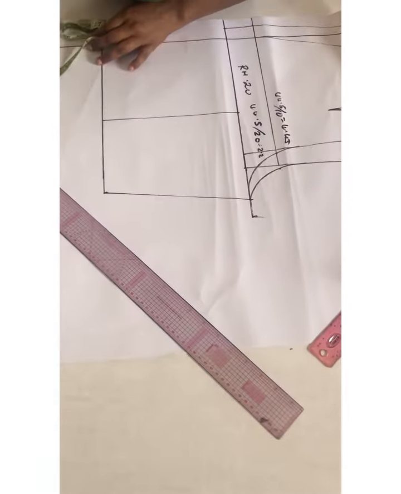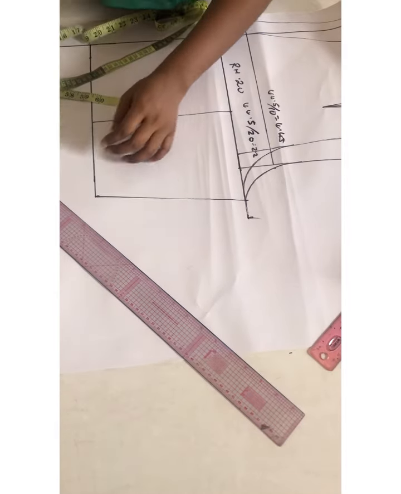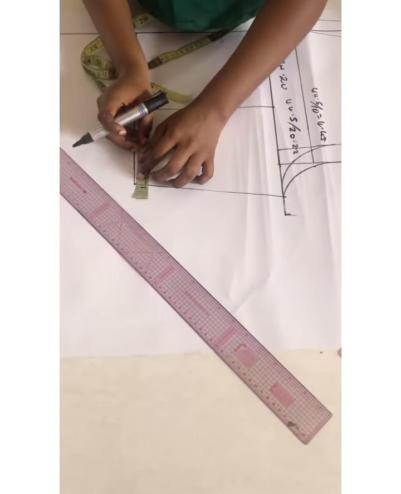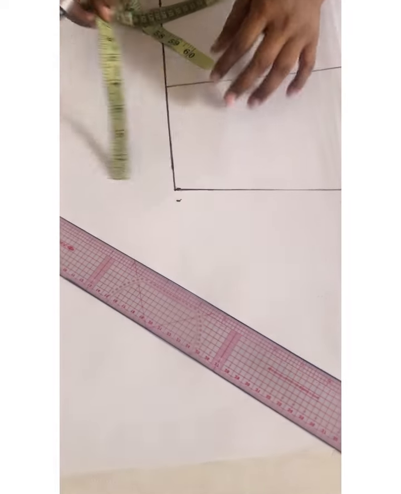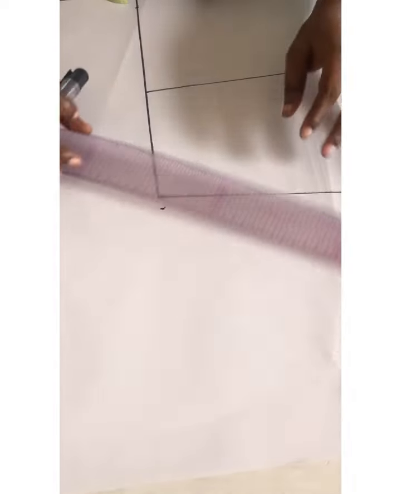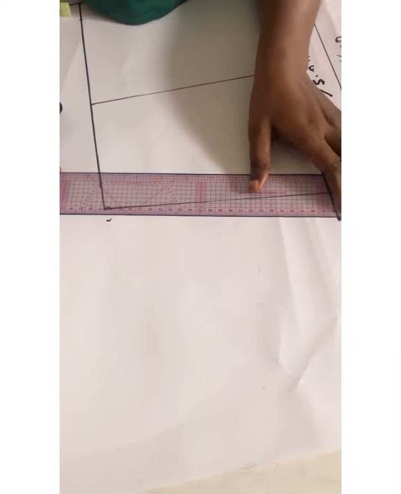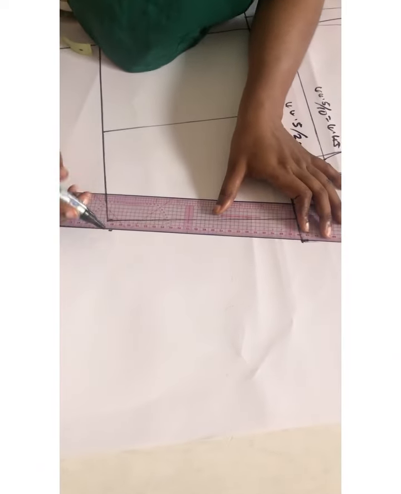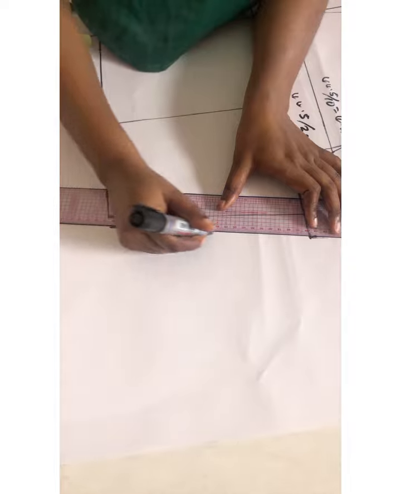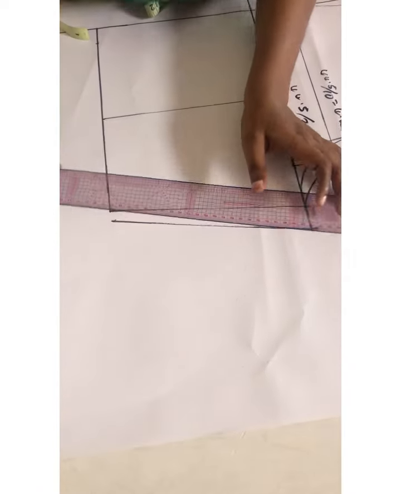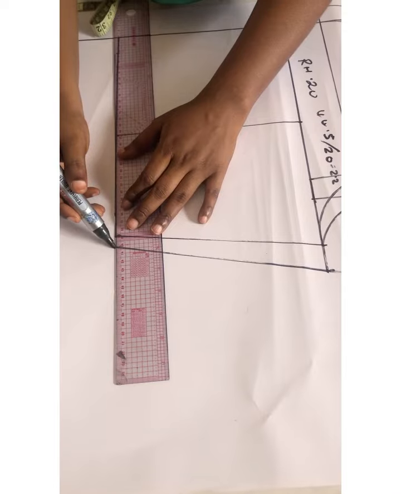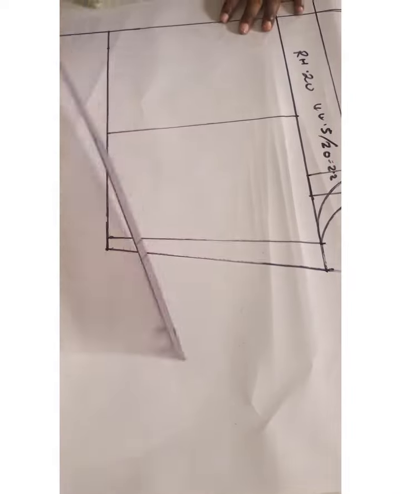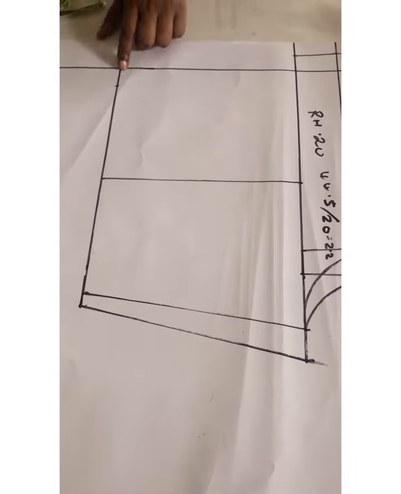Now for the back, what you do is you come out on the hemline by 0.5 and you connect. I'm connecting it back to a crotch extension for the back. I'll do the same thing for this other side.